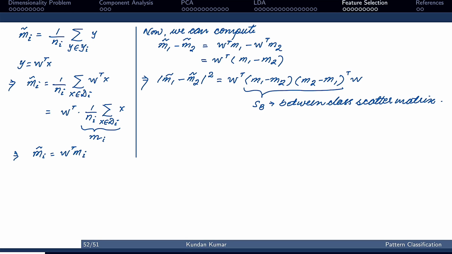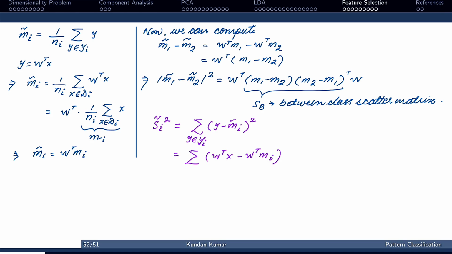Okay. Now look at the scatter of the ith class, which is denoted as si tilde square, and which is given as, so y will be W transpose X and Mi tilde will be W transpose Mi.